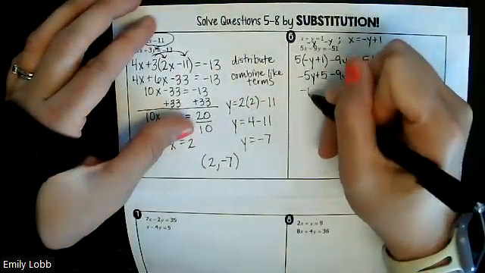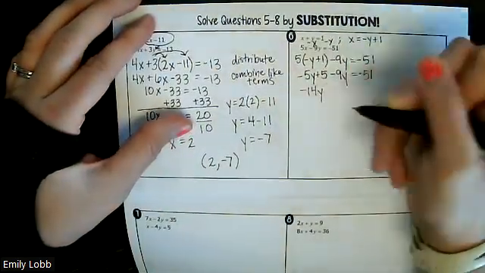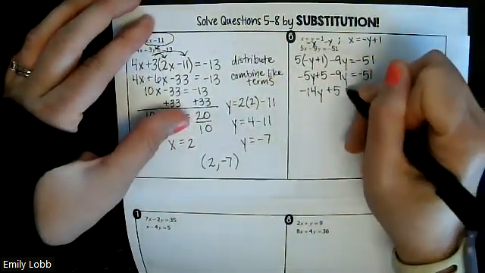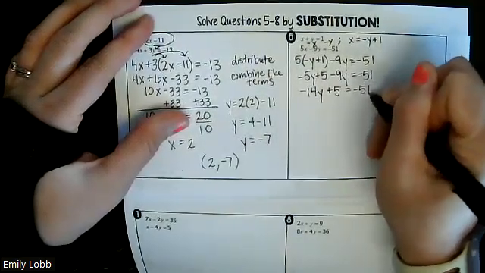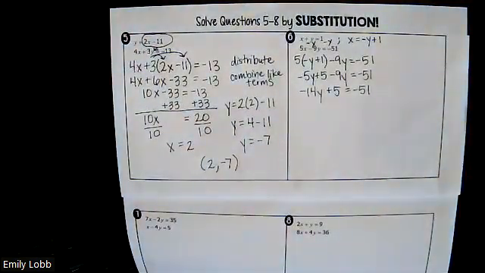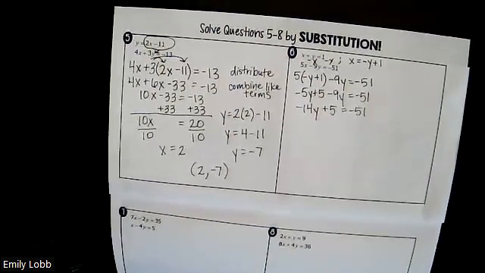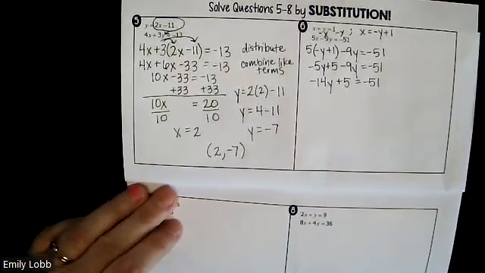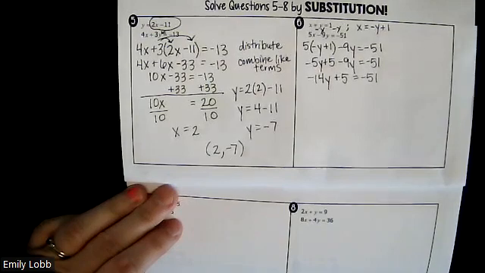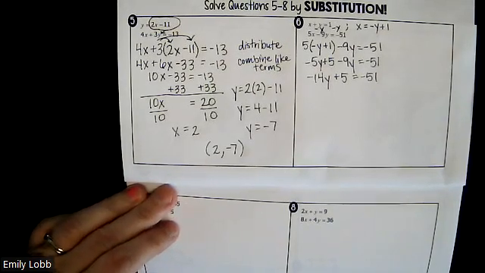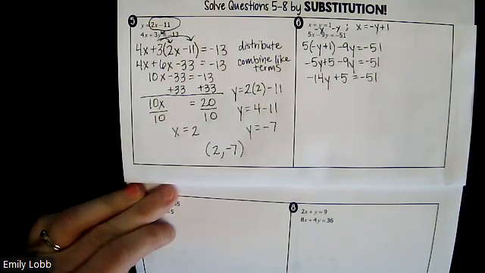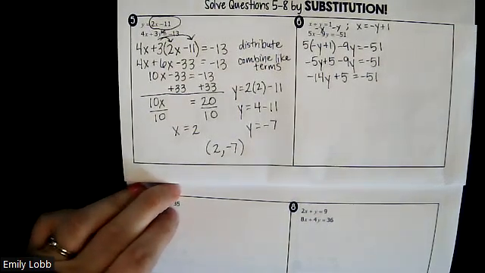Interesting. Plus 5 is equal to negative 51 still. And then we're solving. Doesn't look nice, does it? All right.